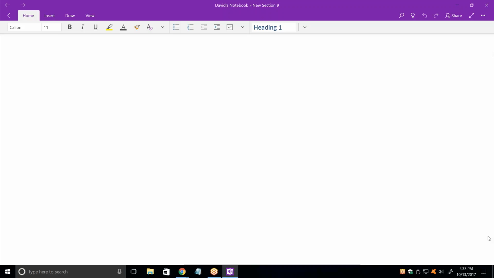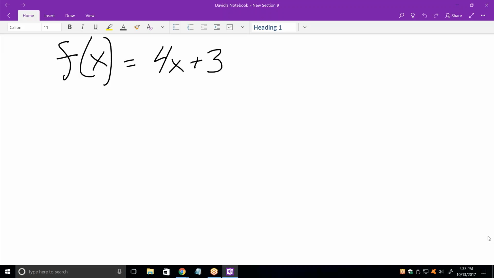Okay. So the next one, it says the functions f and g are defined as f of x equals 4x plus 3 and g of x equals 7 minus 6x.